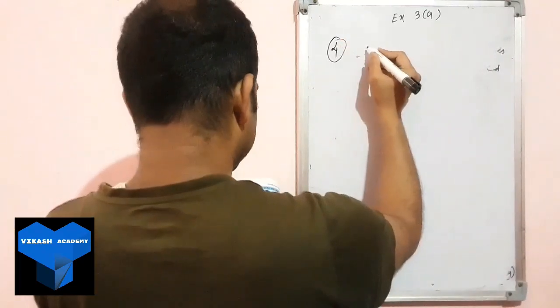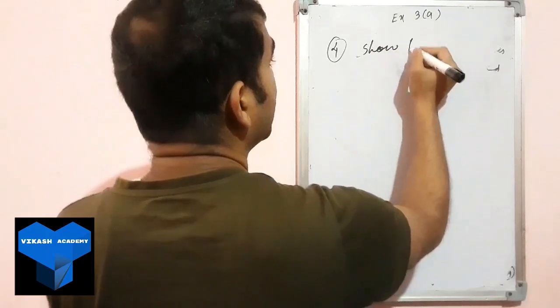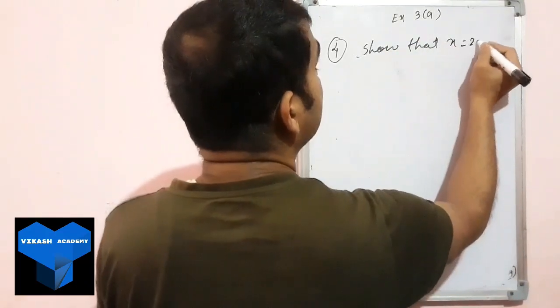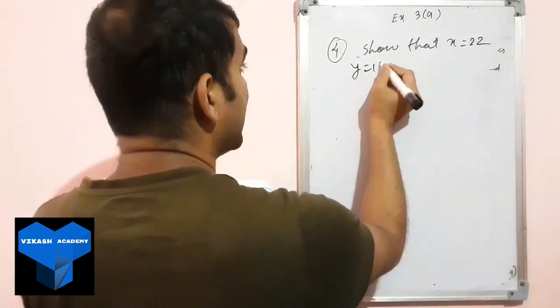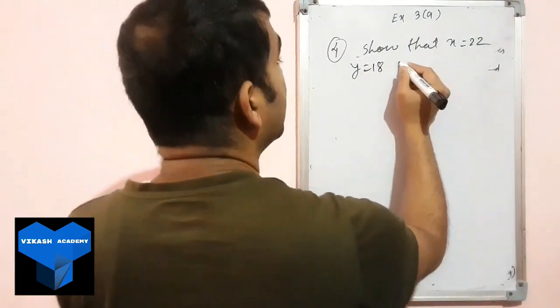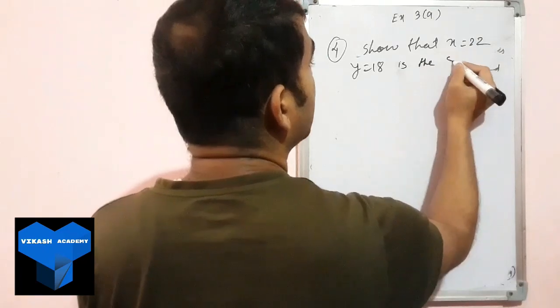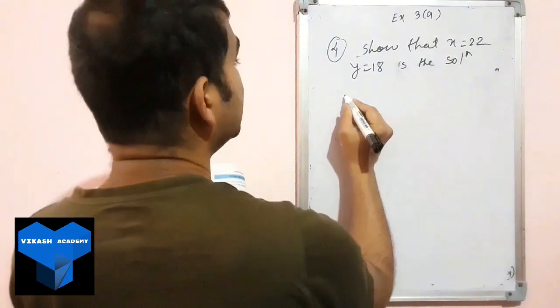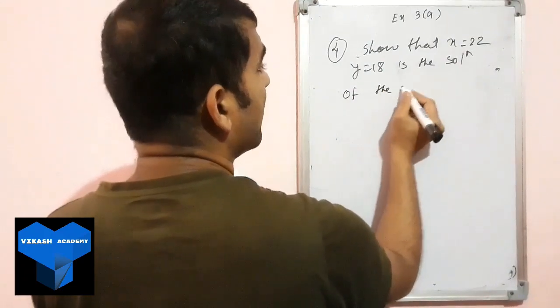They are asking to show that x equal to 22 and y equal to 18 is the solution of the system of linear equations.